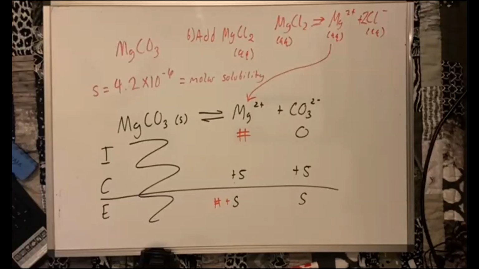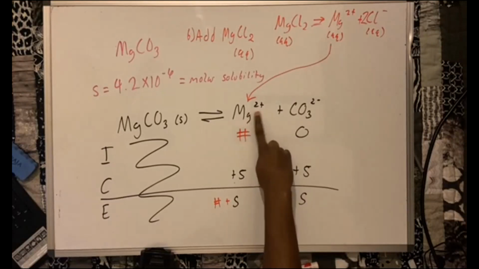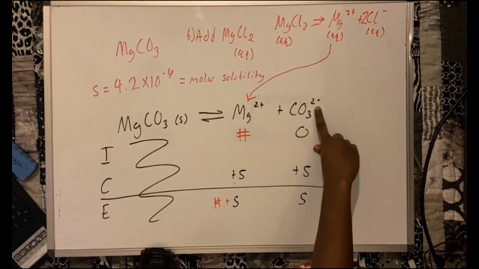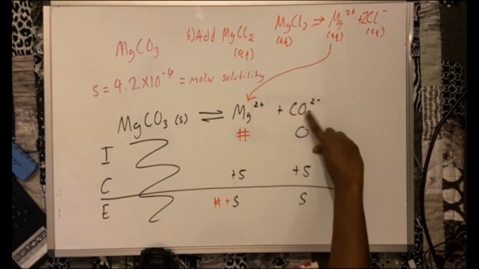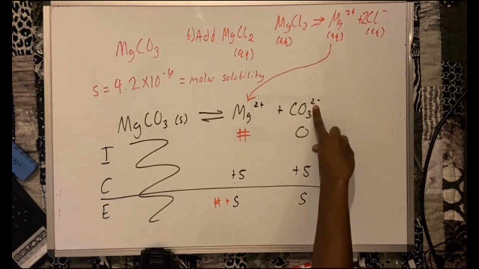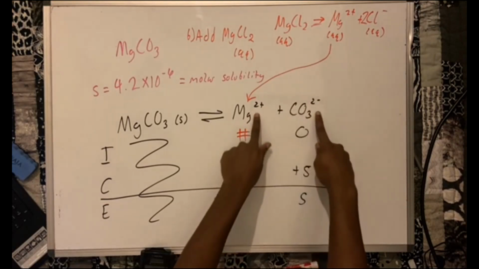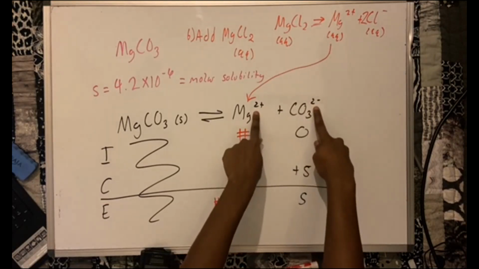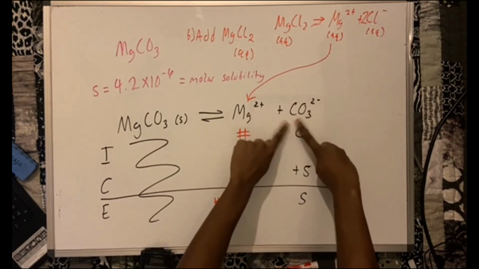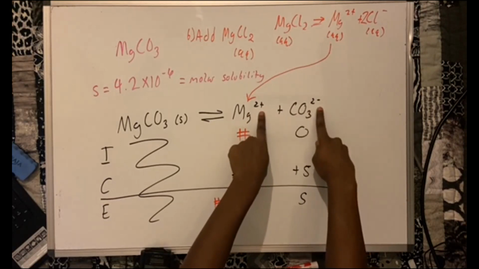That's where I got this +2, right? I knew Mg is +2. You can't actually figure out the CO3; you have to remember that carbonate, which is one of your polyatomics, has a charge of -2. And since they have the same charge, when I cross them out, they would cancel.